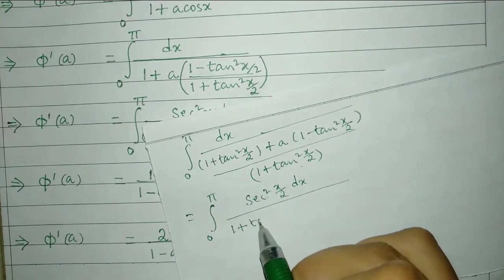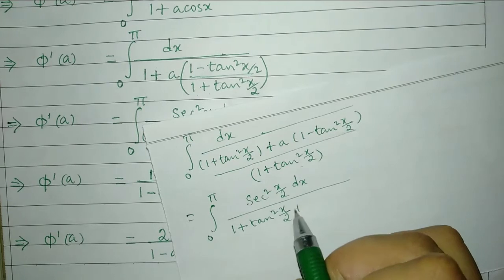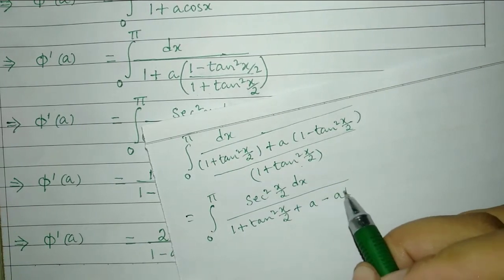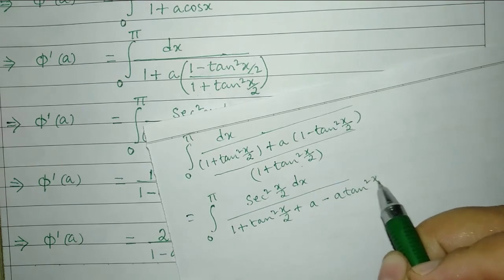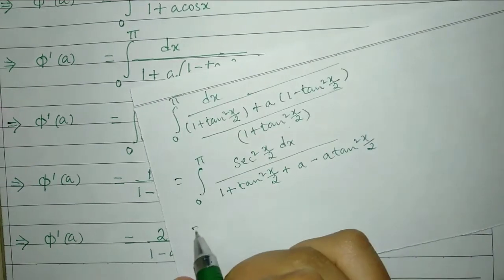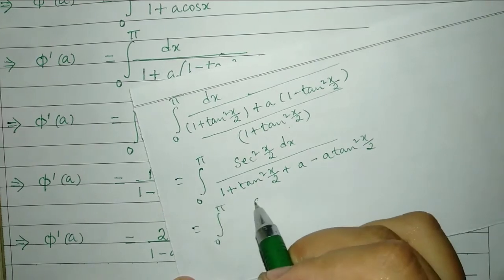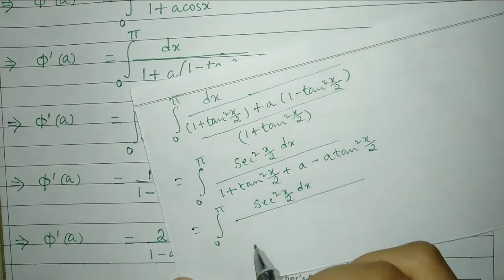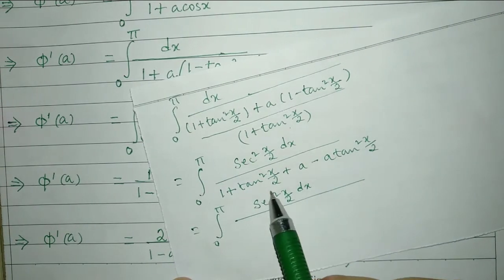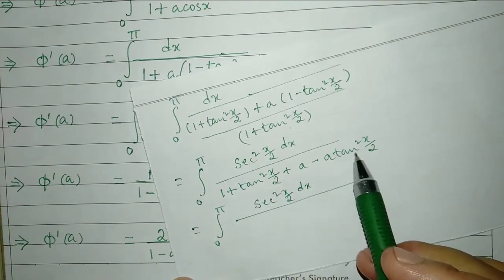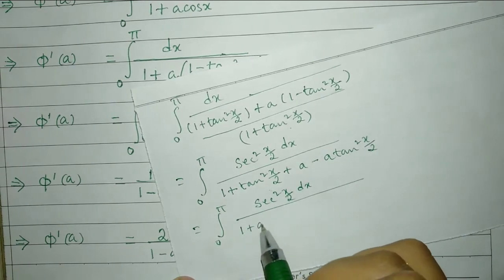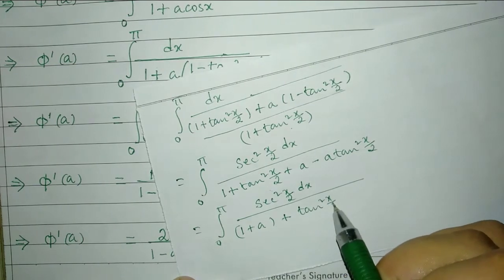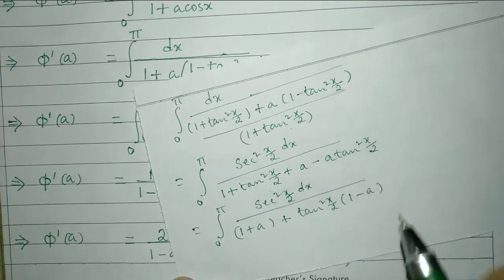In the denominator, 1 + tan square x/2 plus a into 1 minus a into tan square x/2, we have a tan square x/2. So the integral from 0 to pi of secant square x/2 dx, and then taking tan square x/2 terms together, we have 1 + a together, and tan square x/2 into (1 minus a).